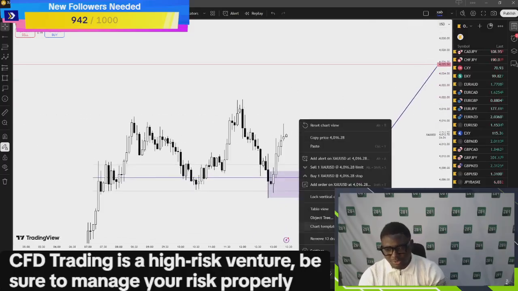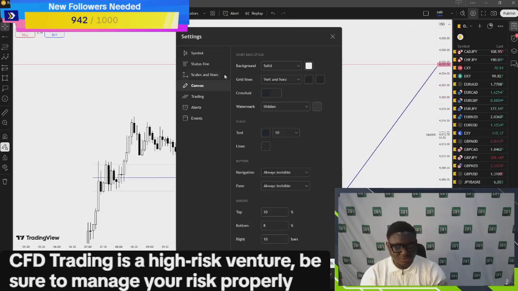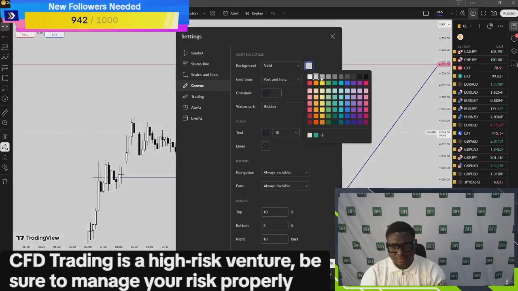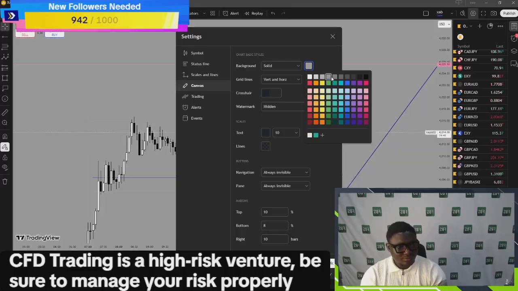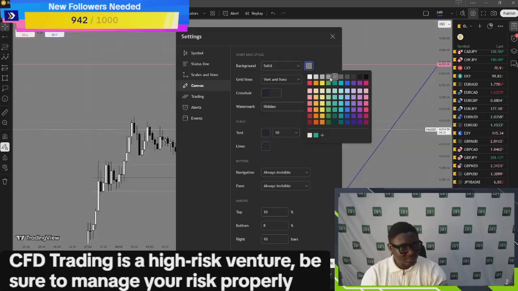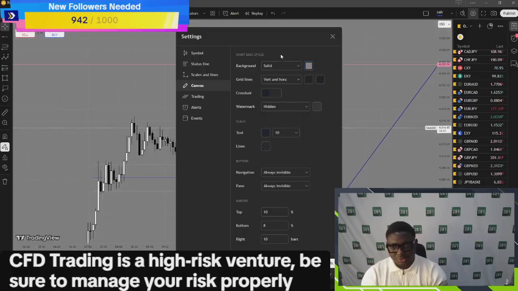Maybe I should use a different color for the candlesticks because it's looking like... all right, I think we should be able to work with this.